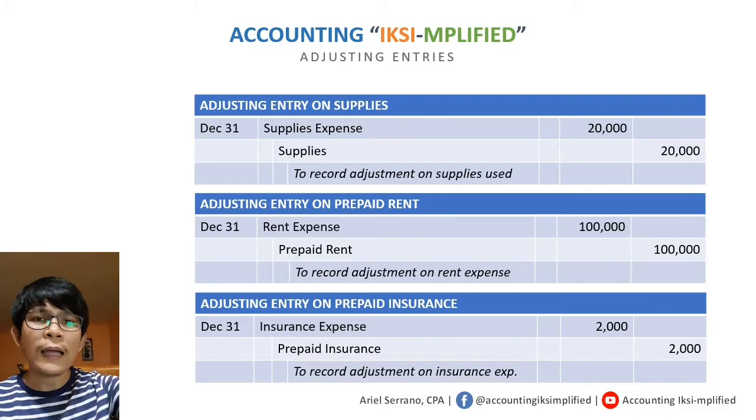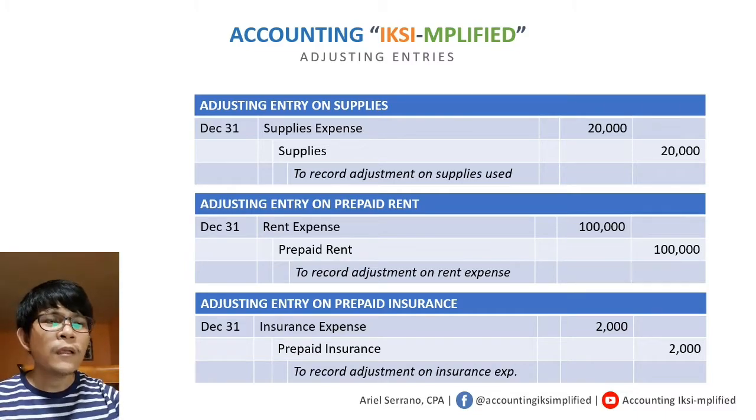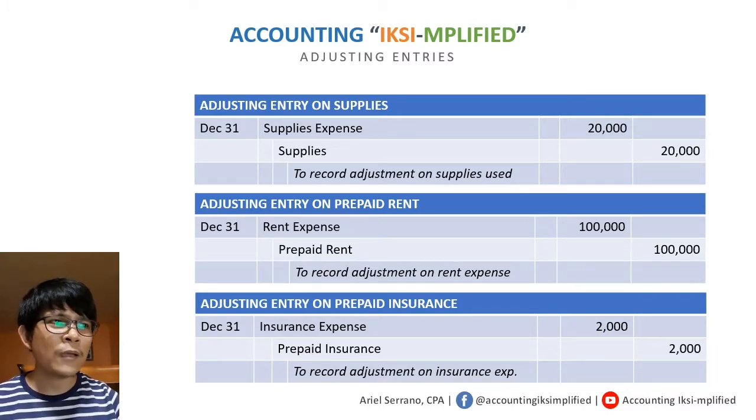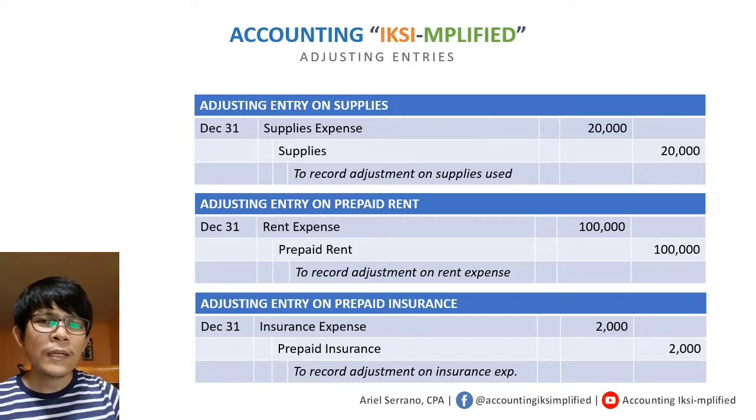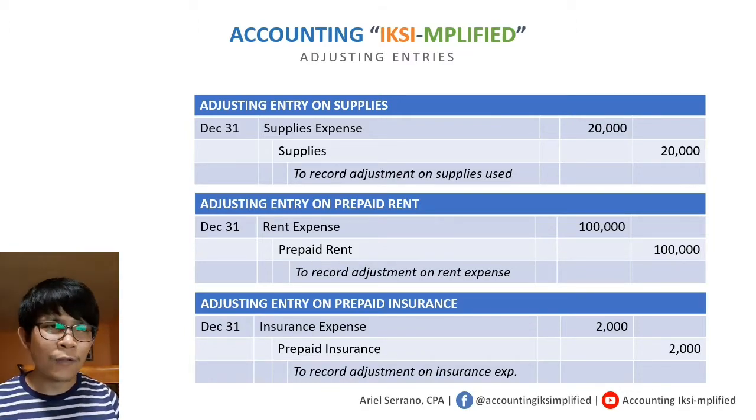Thus, we have the adjusting entries. So that's how we do it. There's no cash involved because it's already paid, or in the case of supplies, it's on a payable account. But with an adjusting entry, we are just transferring to the expense account from your balance sheet account.